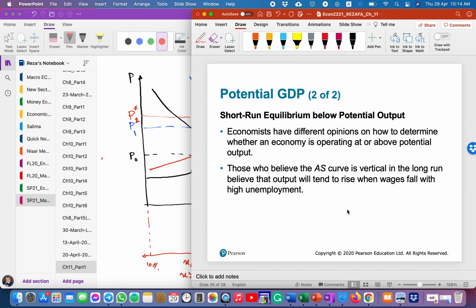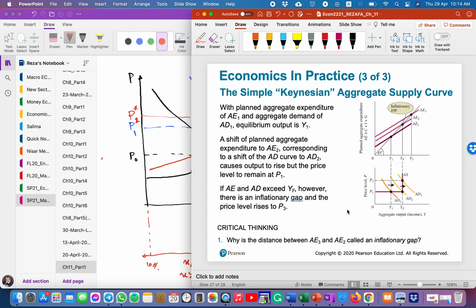So we now have a very strong tool to explain the business cycles with the help of the aggregate demand, aggregate supply curve, which in the next chapter we are going to explain. There is one thing in economics in practice which I didn't want to skip. Actually, in the basic Keynesian model, the aggregate supply is flat and then becomes vertical.